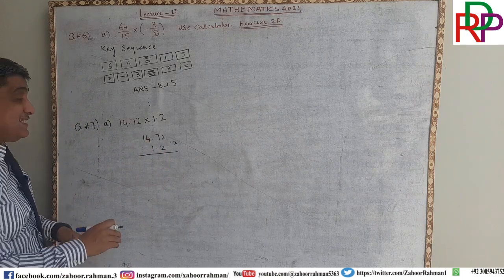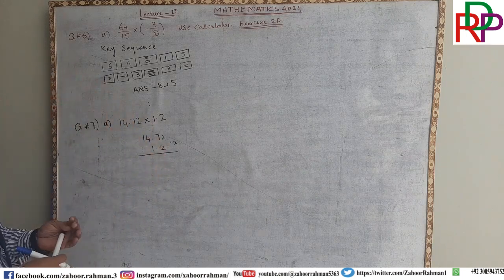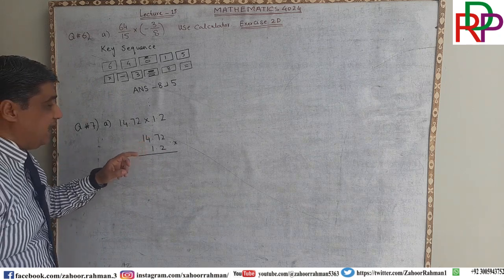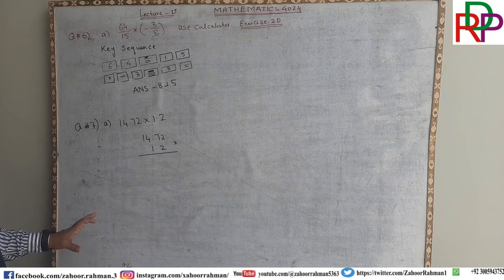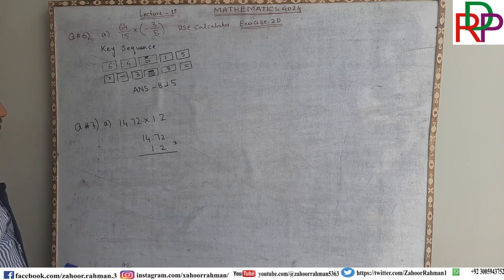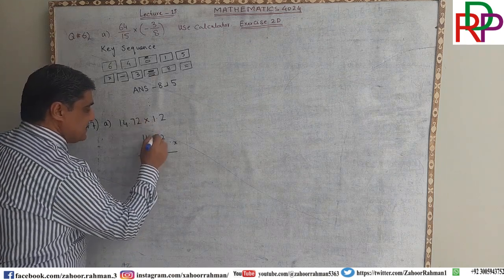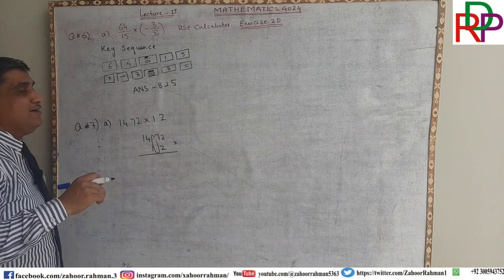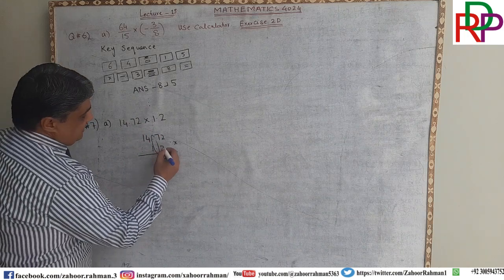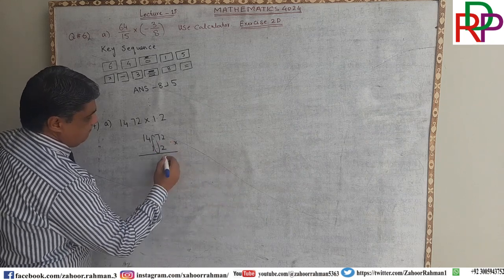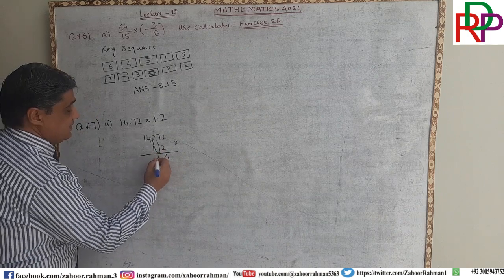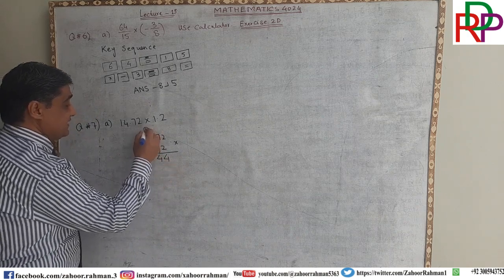Ladies and gentlemen, this is simple multiplication. When it comes to the multiplication of numbers containing decimals, then you don't have to bring these decimals in momentarily. Just multiply like simple multiplication. 2 2s are 4, 2 7s are 14, 1 is carried.